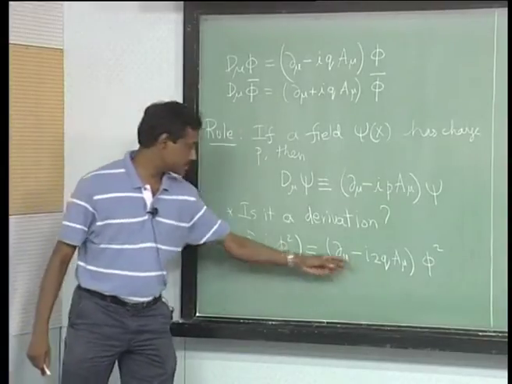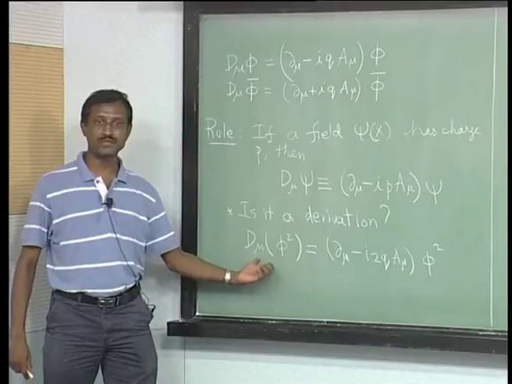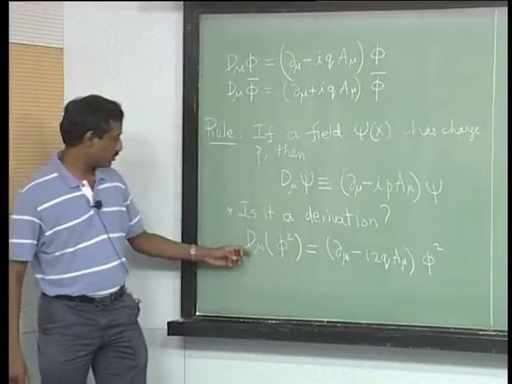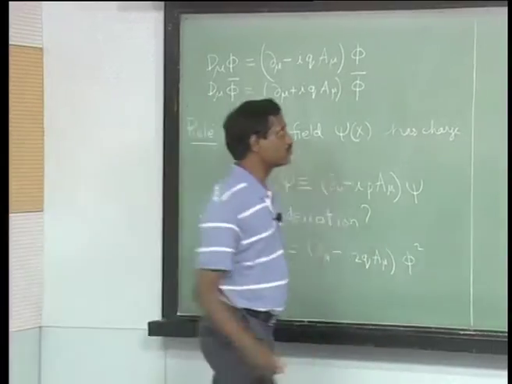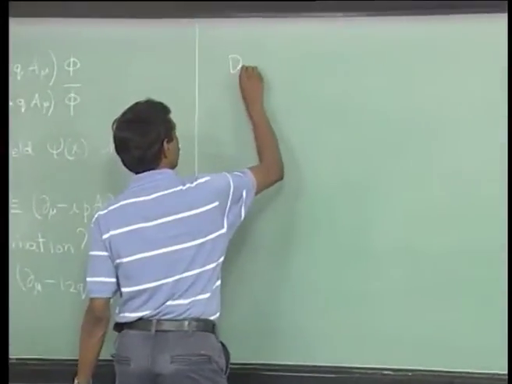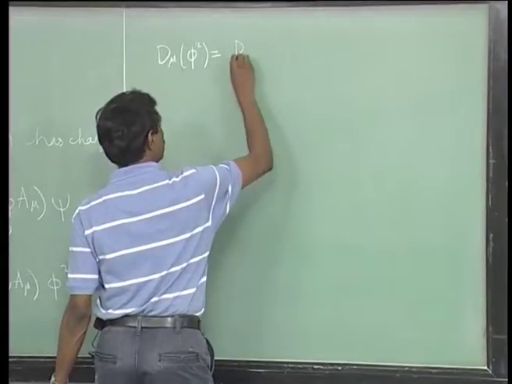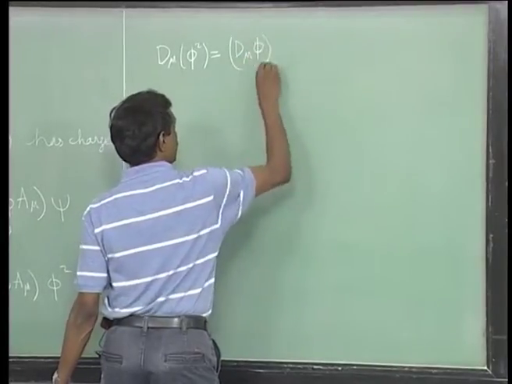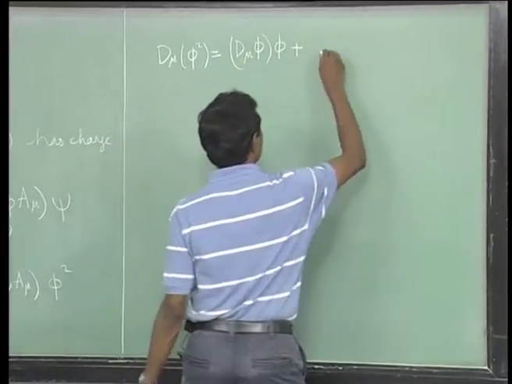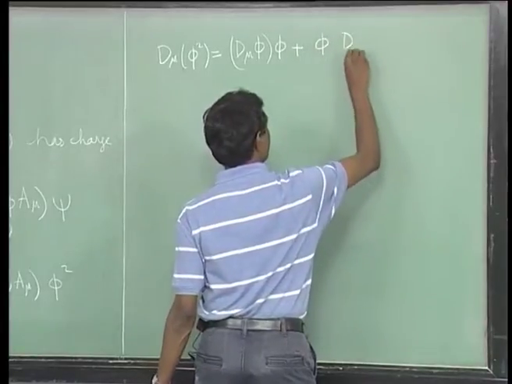Here, we are just using psi as a single object which has charge 2q. The Leibniz rule will tell you that D mu of phi square should be equal to D mu of phi times phi plus phi times D mu of phi.